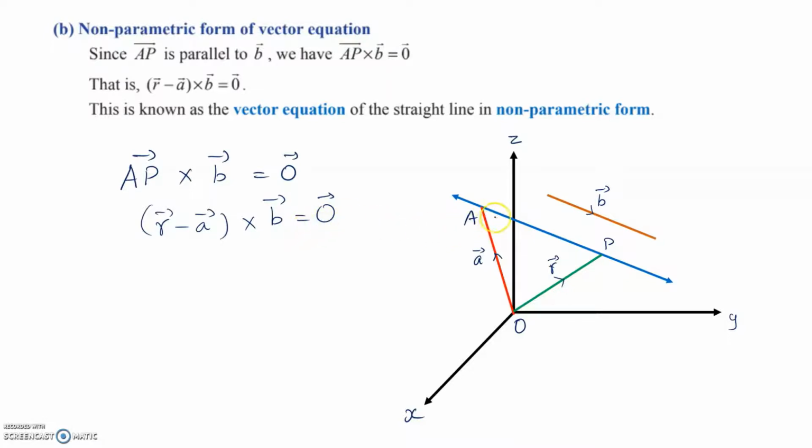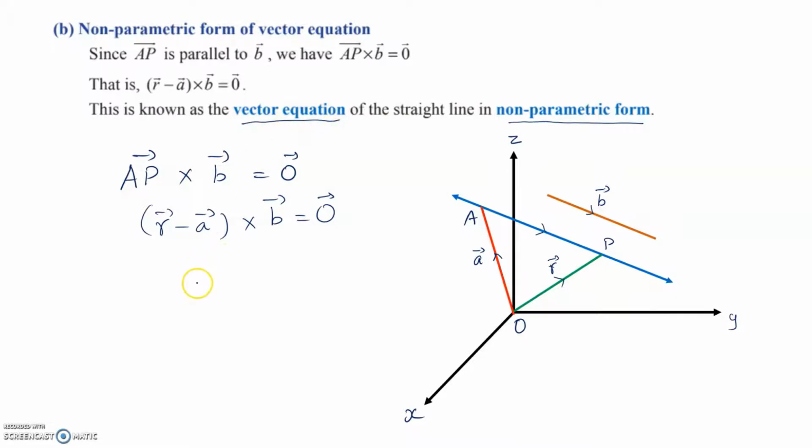We know this vector AP is equal to R minus A. Expressing the straight line in the form (R minus A) cross B equal to the zero vector is called the non-parametric form of expressing this vector equation.